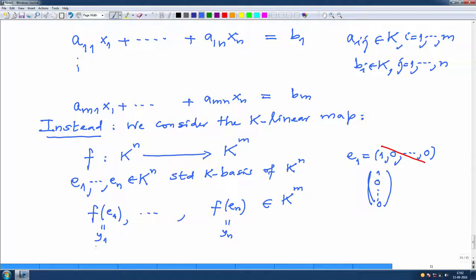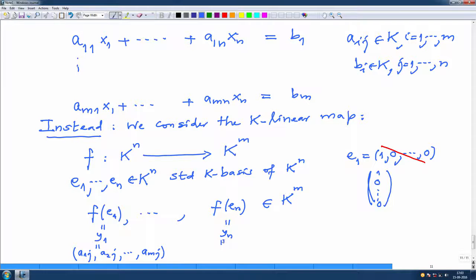And what is Y1? Y1 is A1j, A2j, and so on, Amj, an m-tuple. Either you write it like this or as a column, and the preference is to write it as a column.